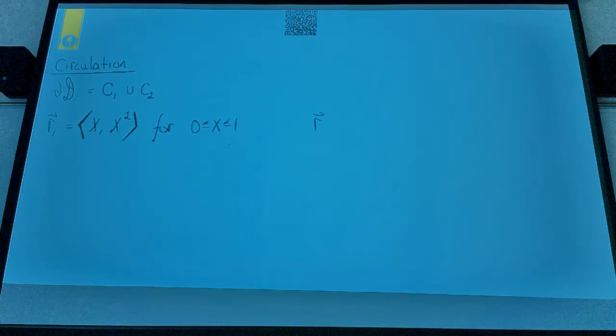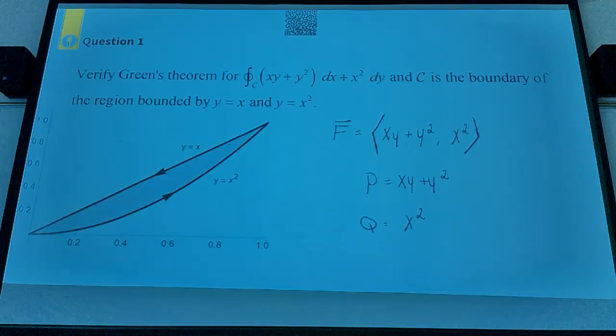R2, second path, there's actually two convenient parameterizations to use. We did one before. I have to go back to that square.